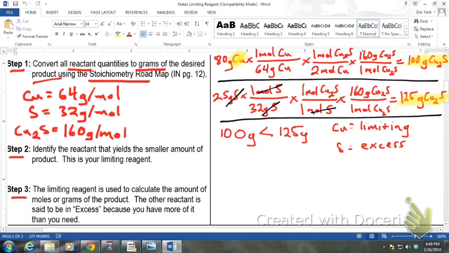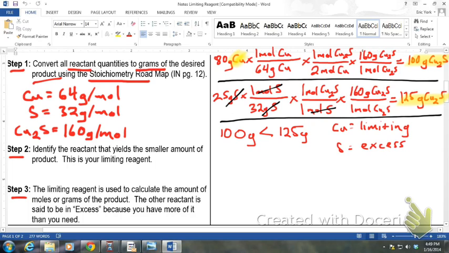After this reaction happens, we are going to have extra sulfur because not all of the sulfur got used up, only enough to react with all the copper. The copper got used up first, so once the copper was used up, there is no more copper to react, and so the sulfur just stays where it is. And that is the fundamental of limiting reagents.